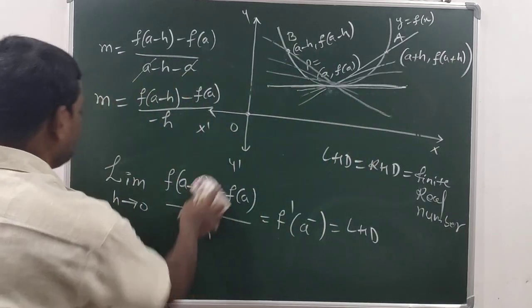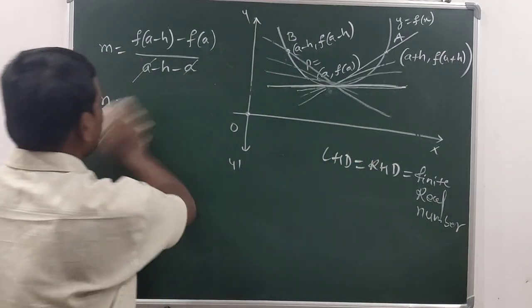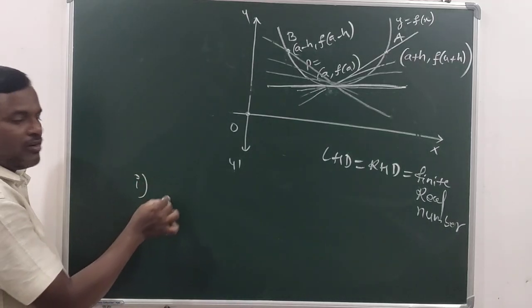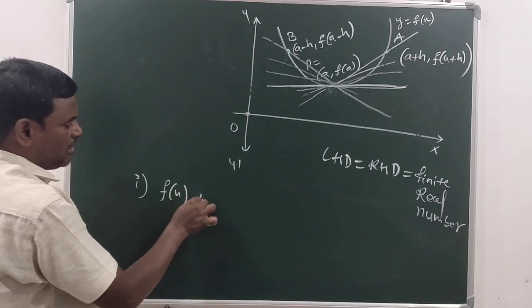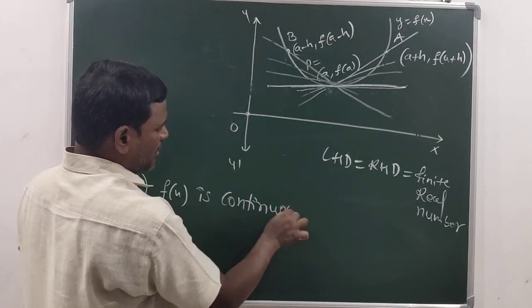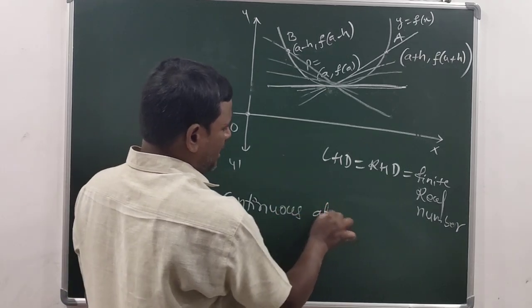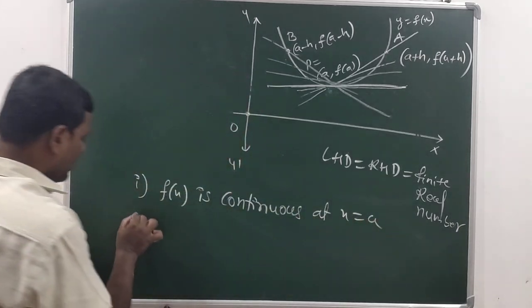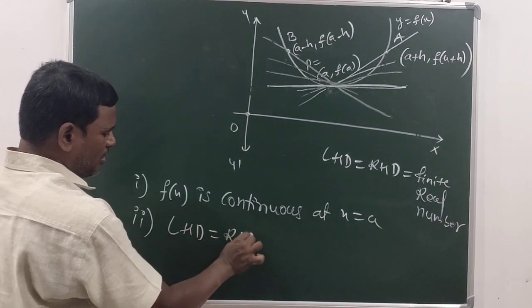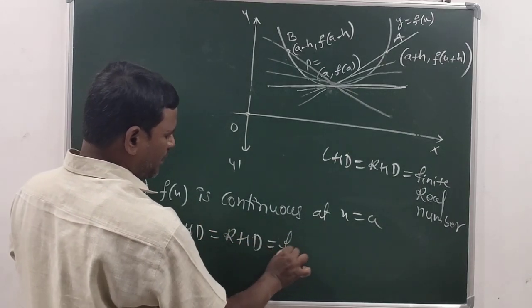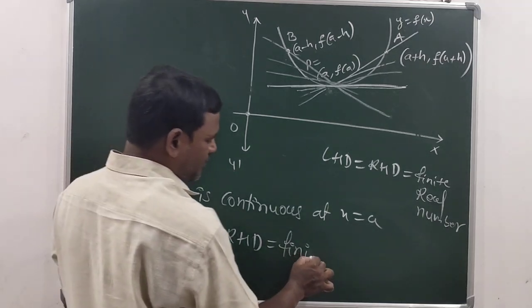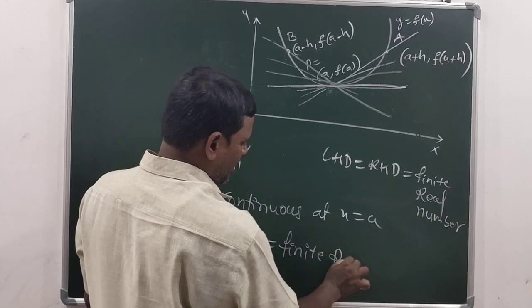When do you say a function is differentiable at a? The function f of x must be continuous at x equal to a, and LHD is equal to RHD, and both must be equal to a finite real number.